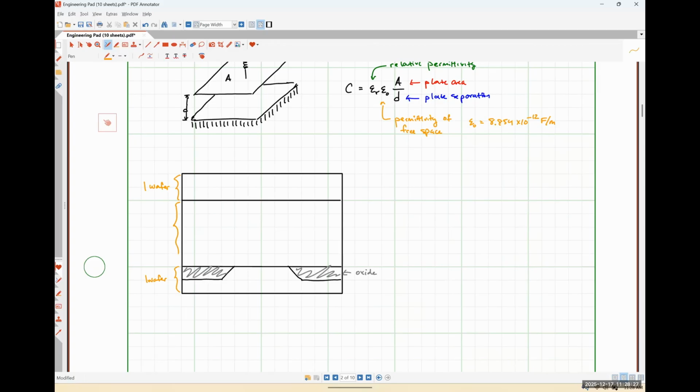And then this whole thing right here is going to be an SOI wafer in the middle. Okay. Let me pattern my insulator on this part as well.